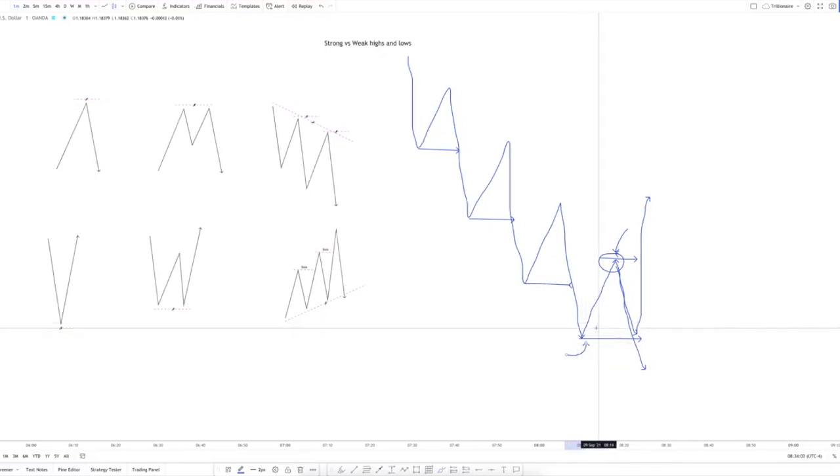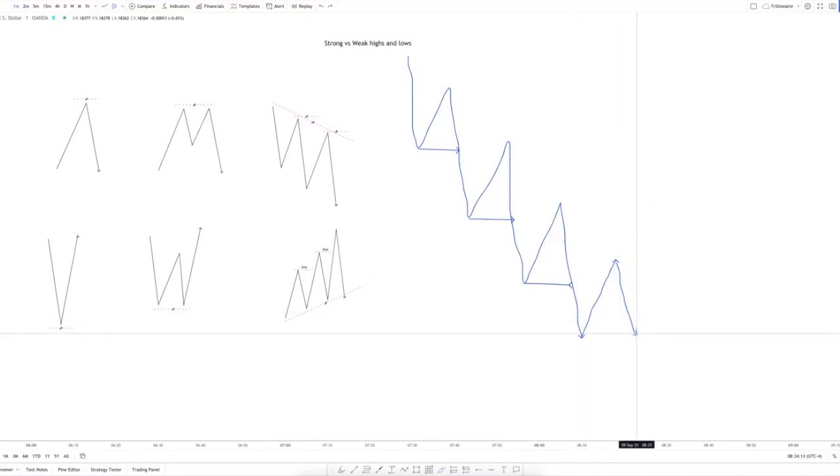Not 100% of the time, because we don't have any confluence yet, but this low becomes somewhat protected. Now, what you're really going to want to pay attention to is, let me draw this back, what does this low here do? If it breaks minor structure, which is here, fantastic. That's great. This becomes a strong low.